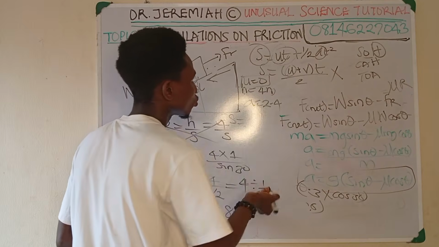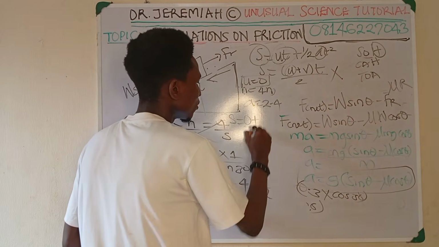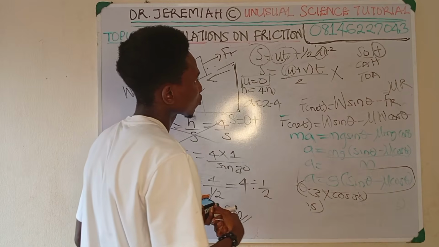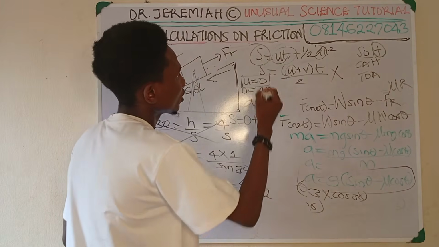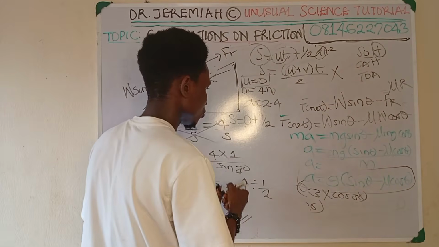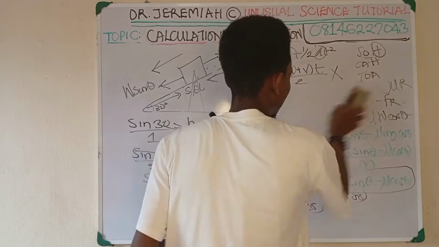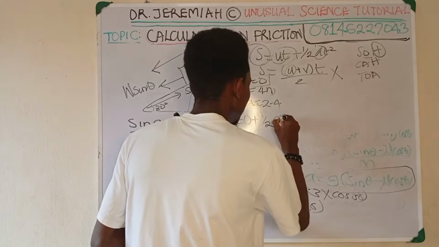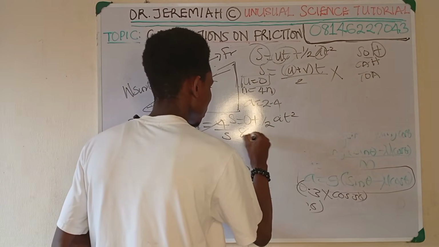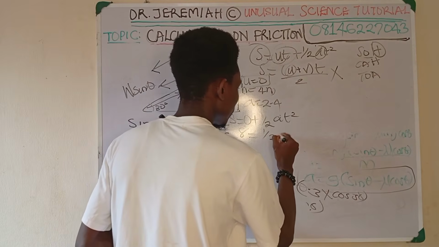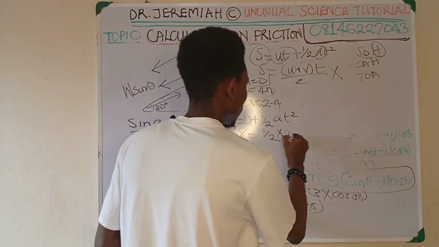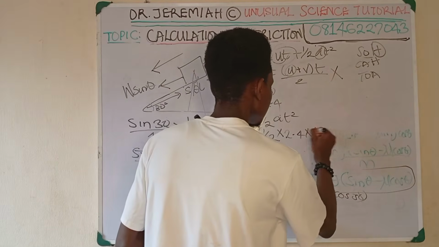So you have s equal to 0 plus half at square, because 0 times t gives you 0. Then s is 8, equal to half times a, and a is 2.4, times t square.